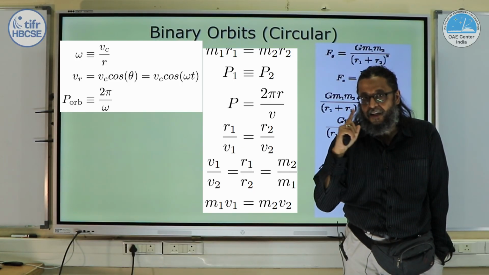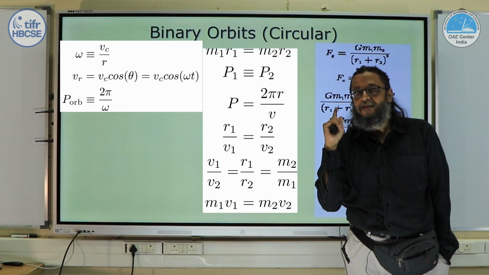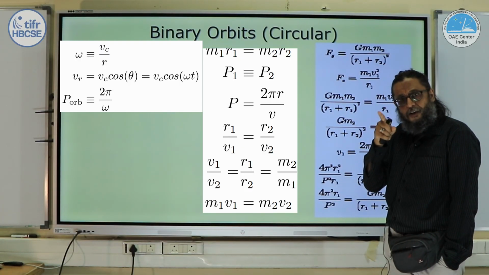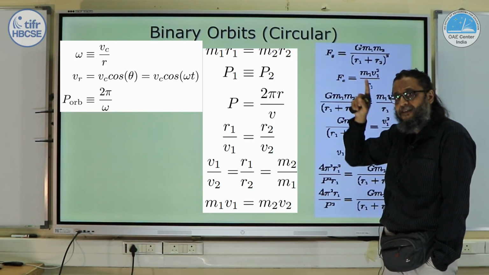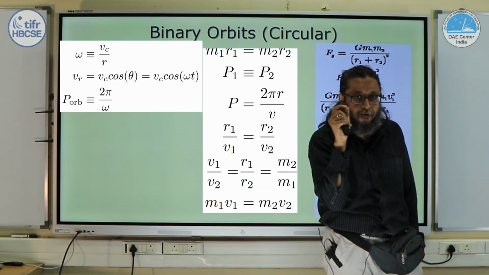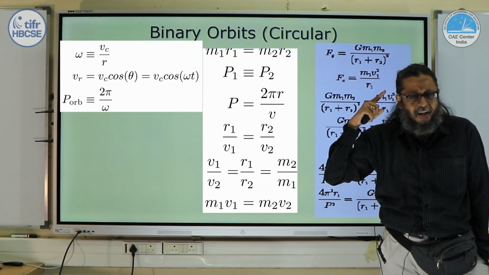It is accelerating all the time, and that acceleration is manifested in its change of direction. And this centripetal force is not a physical force. The physical force is caused by, in this particular case, gravity. There's always a physical source that will cause the centripetal force. Please understand this very carefully.